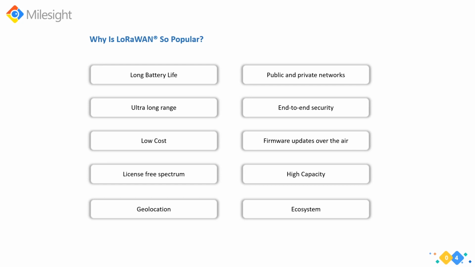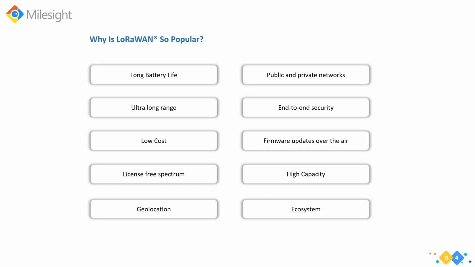And the geolocation helps the network to find where your device is, no matter if it's indoor or outdoor. And you can build up your own private network or use the public LoRaWAN network with the same sensor, the same gateway, and the same open source software. And also you can seamlessly hand over from one network to another and don't need to worry about security issues because there are multiple levels of protection over the air.